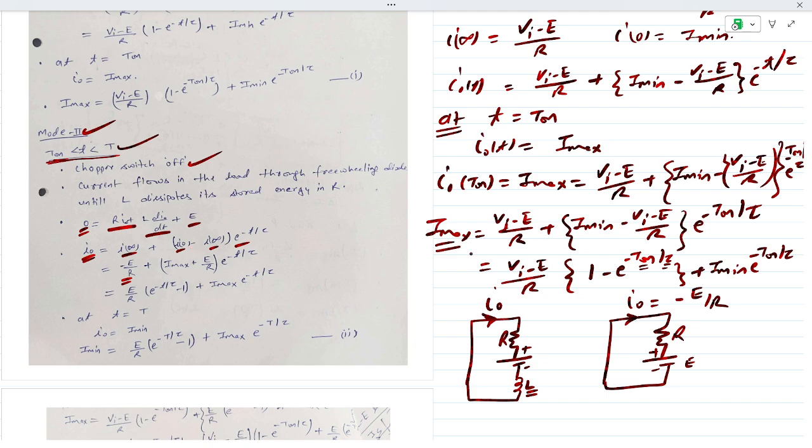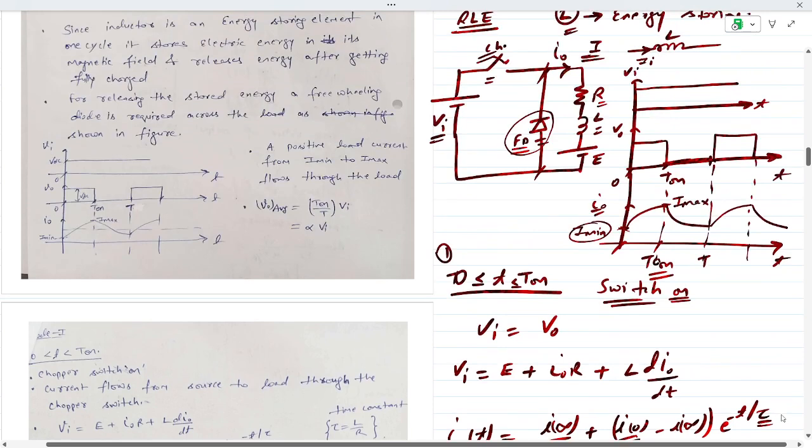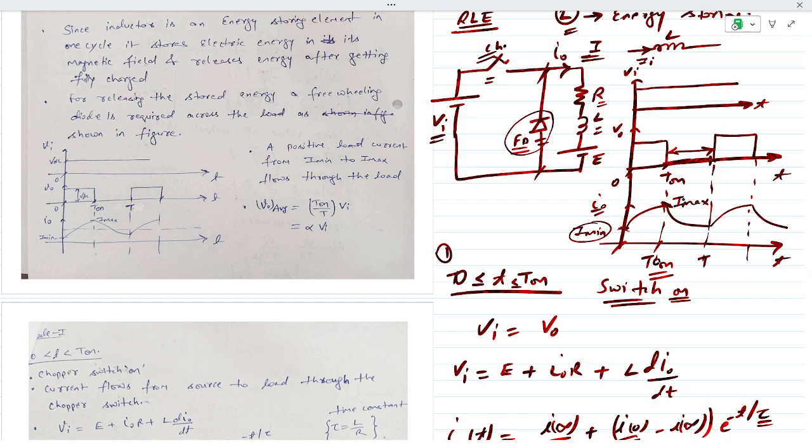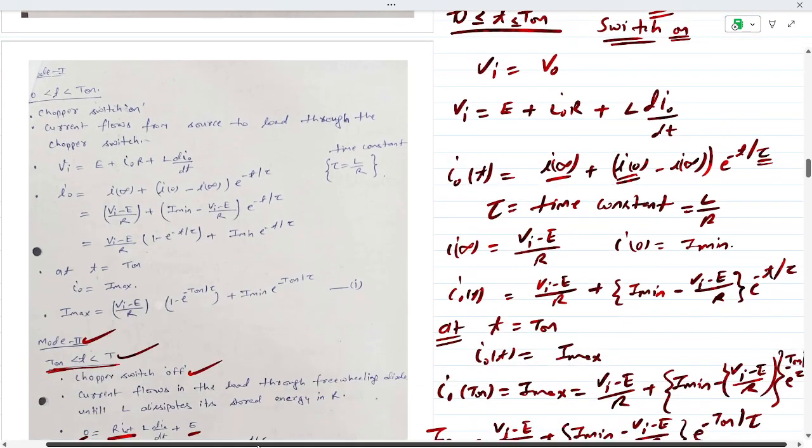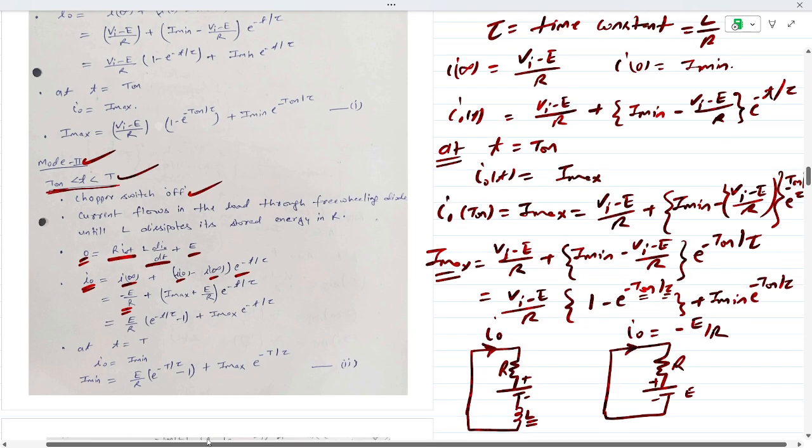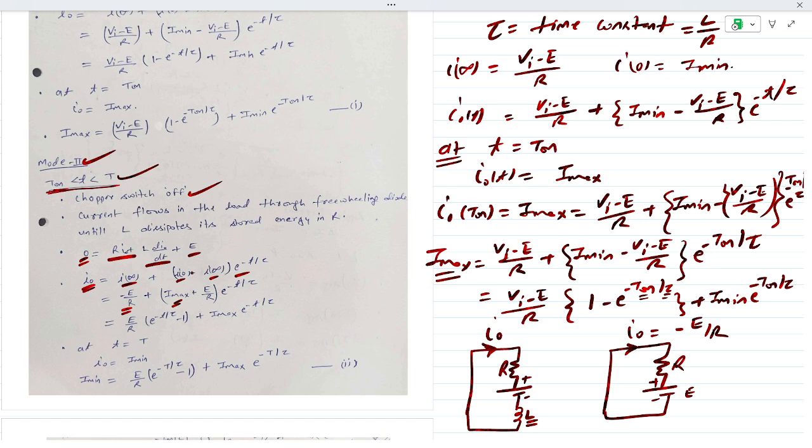And the initial value, when we are talking about this duration, what is the initial value of current? This is the I max. So the initial value is I max, and the final value is minus E upon R. This minus and this minus make a plus, and this is e to the power minus t upon tau.